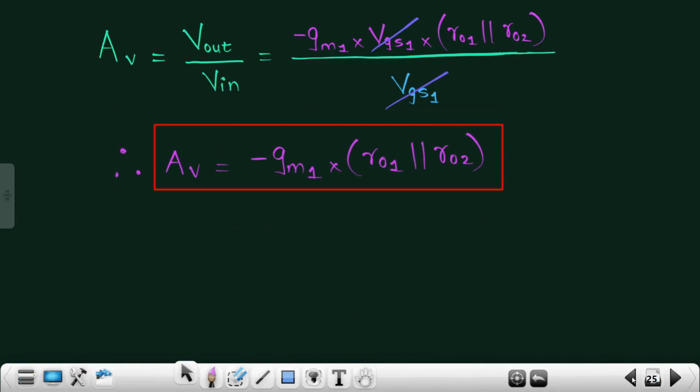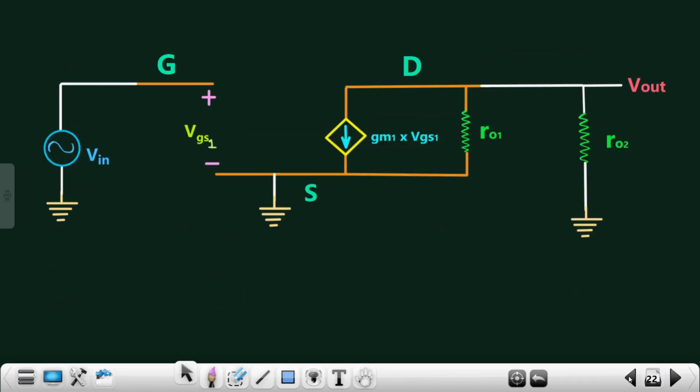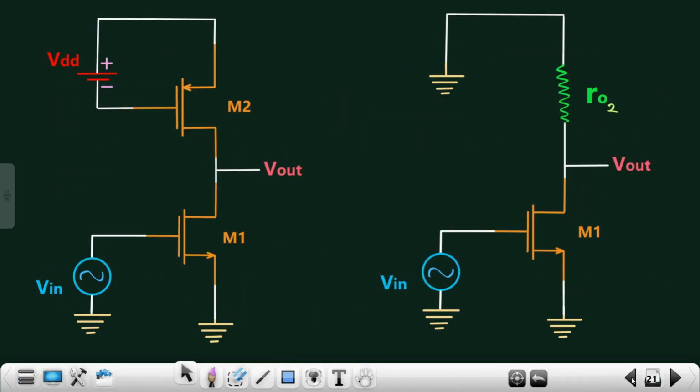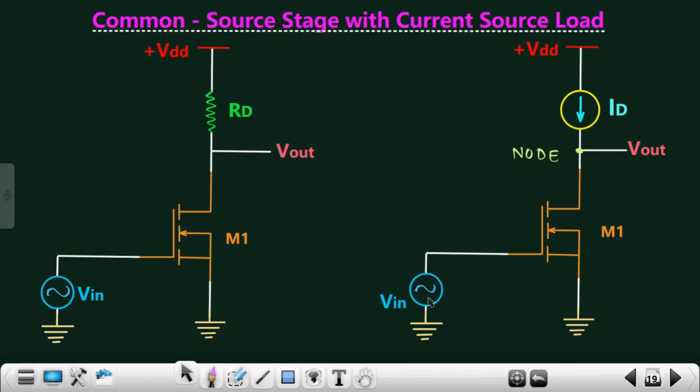Now, if you remember what gain we used to get in the previous circuit, the voltage gain for the simple common source stage was AV equivalent to minus of gm times RD in parallel with RO of this particular MOSFET.